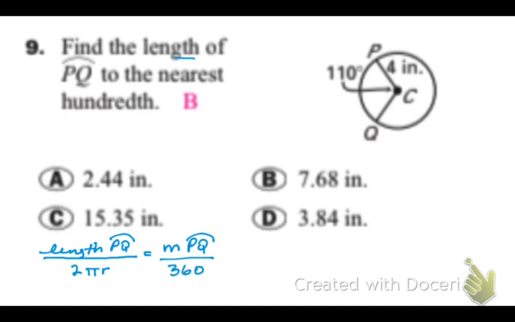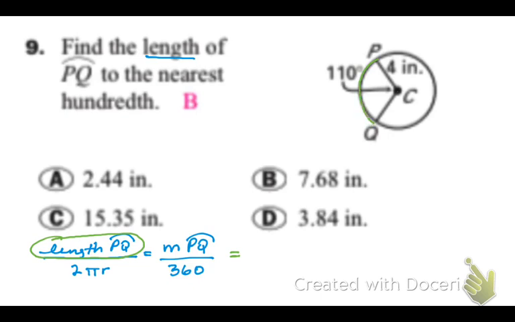So remember, we're looking for length, and length is what's missing. Okay, we should know the rest of this. So it's going to be equal to the measure of PQ. So arc PQ is right here.